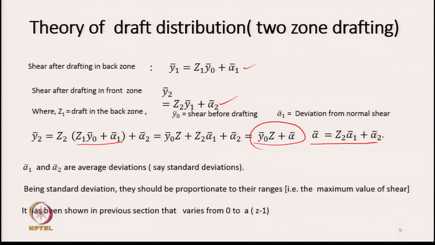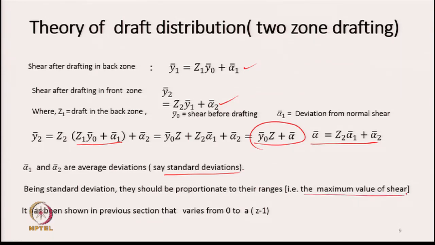Alpha 1 bar and alpha 2 bar are average deviations, the deviations from normal shears, as stated earlier. Let us say these deviations are standard deviations. Being standard deviations, they should be proportional to their ranges, that is the maximum value of the shear.